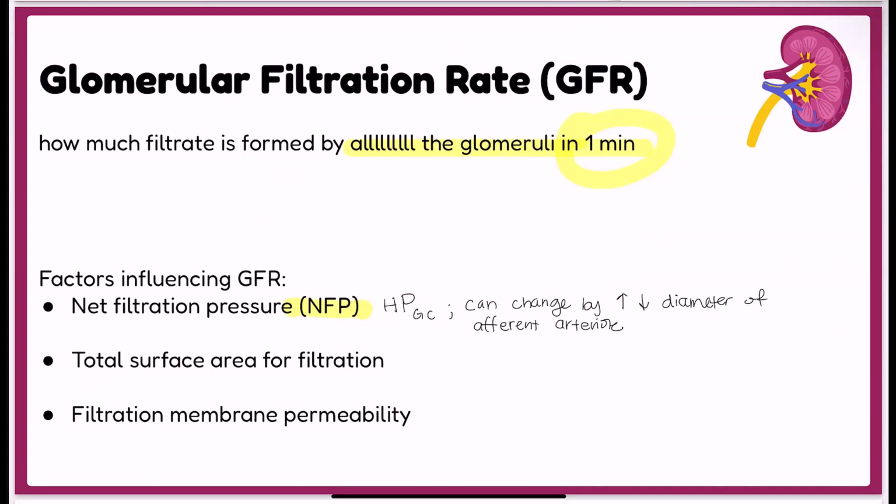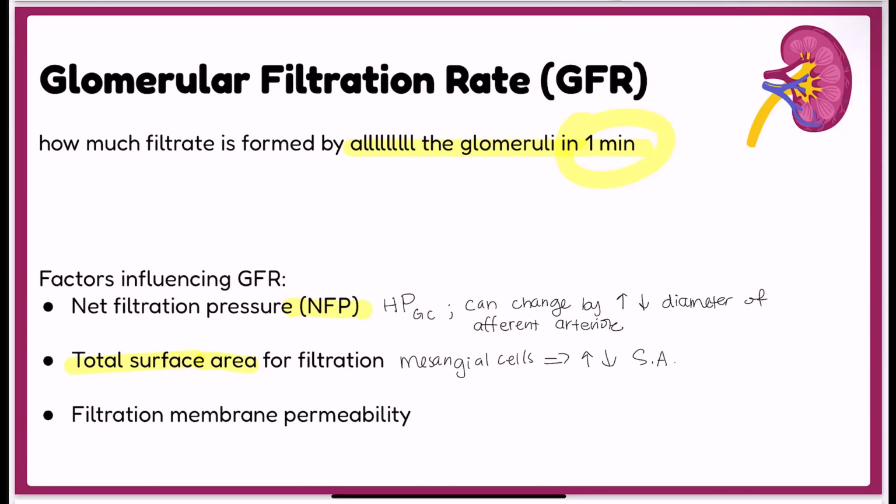But also we have to think about total surface area. Total surface area for filtration means how much space can we do filtration? And there's special cells that can alter this. They're called mesangial cells. That means they can increase or decrease the surface area.